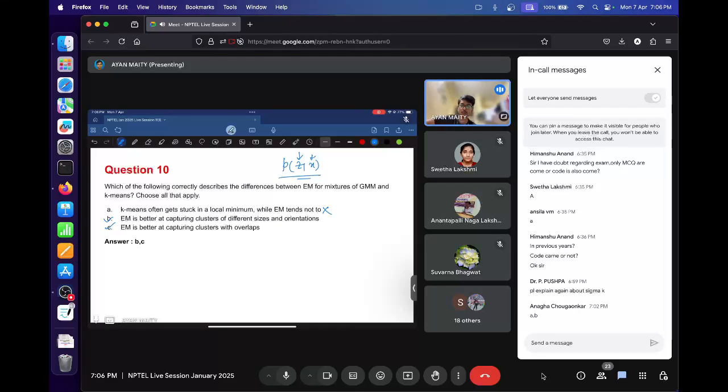That is what we try to learn in Gaussian mixture model, this posterior distribution for z. So each data point can belong to multiple clusters, so clusters can overlap, which does not happen in K-means, because K-means is a hard clustering algorithm. Each data point has to belong to only one cluster. So option B and C are the correct answers.